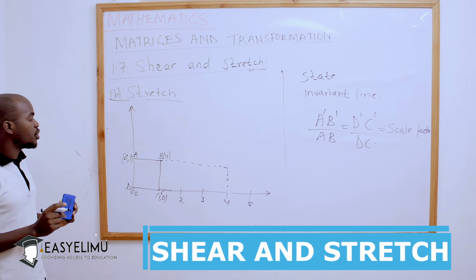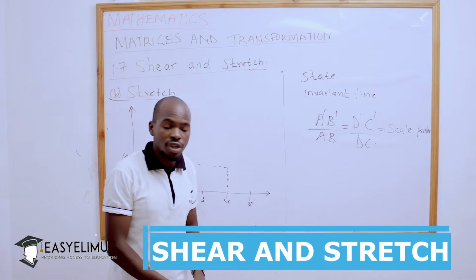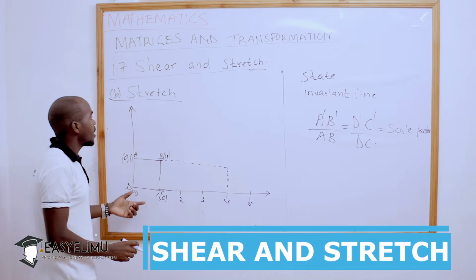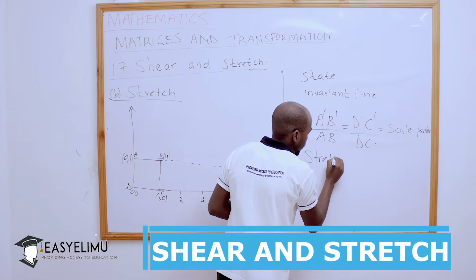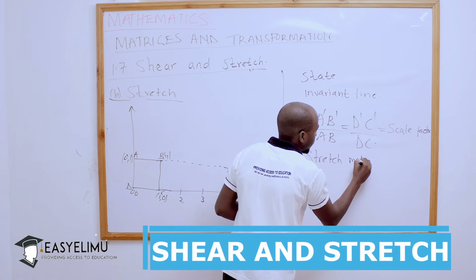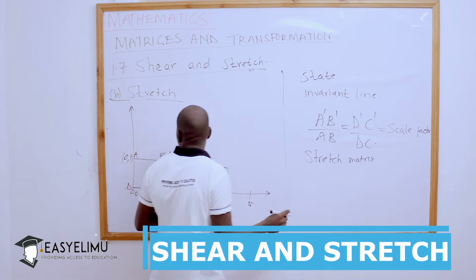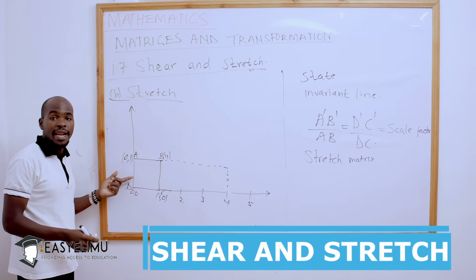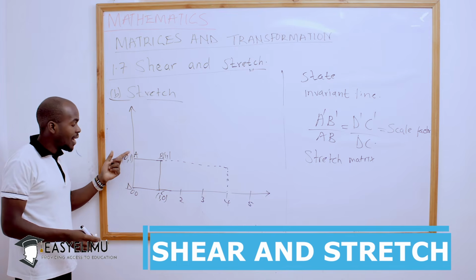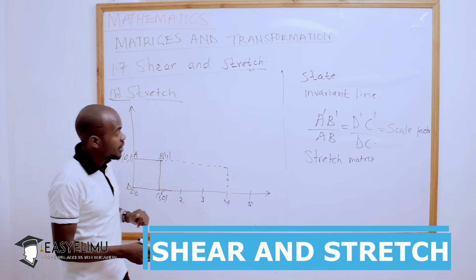Then if I want to describe what kind of matrix took place, I will say this is a stretch matrix. As I can see here, the Y line is the line which is invariant.